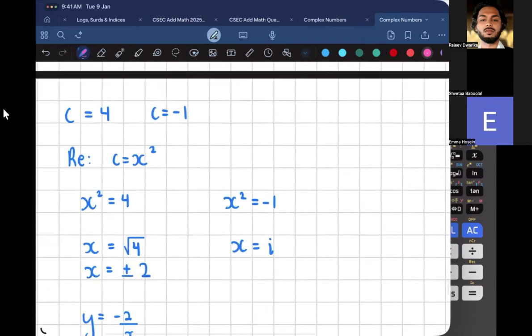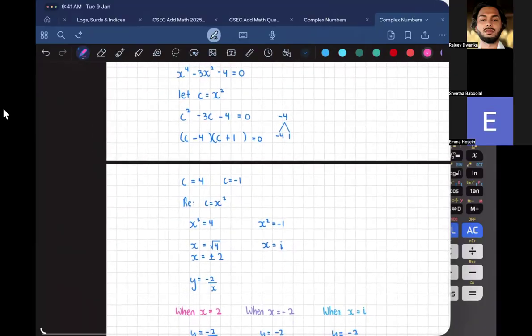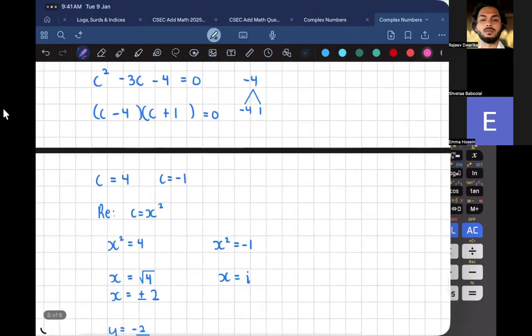No, when we factorized, we got c to be 4 and c to be minus 1. Remember at the start we said c was x squared. So x squared is equal to 4, so my answers would be plus 2 and minus 2 for x. I also got x squared to be minus 1, so x is i.